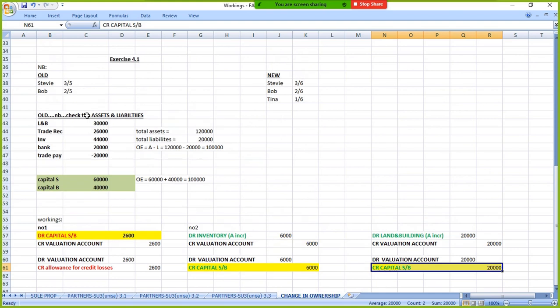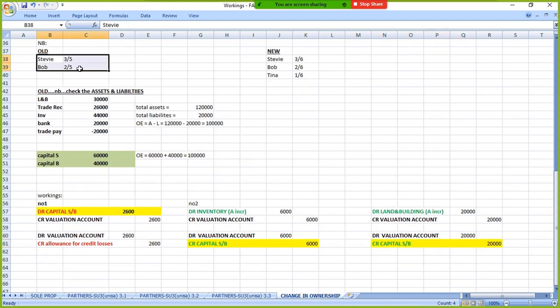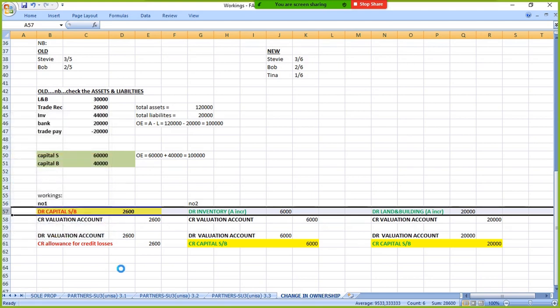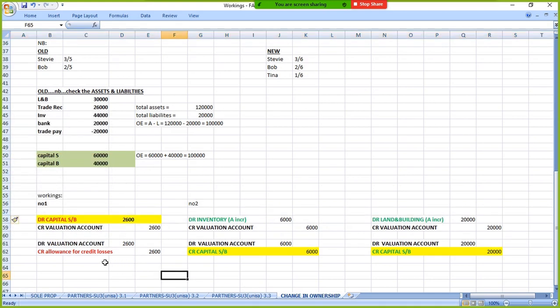We saw it earlier. The ratio is 3:2, correct. So 3/5 for Stevie and 2/5 for Bob. Do you see that? Yes. Where I've highlighted in yellow, so we'd add that to the capital accounts. No, you wouldn't add it, you would just split it.